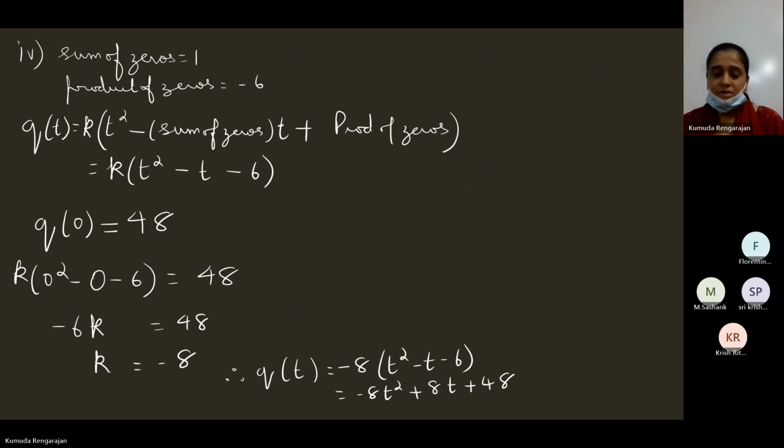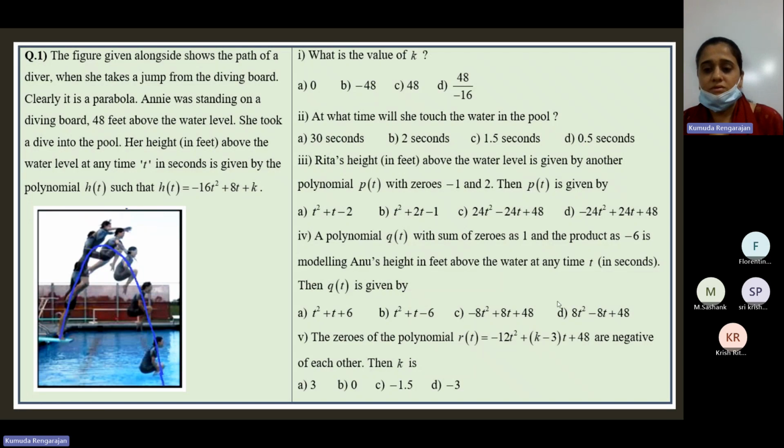Yeah, option C. I'll share this image with you on WhatsApp. The question image. For the fourth one, in 3, yeah, correct.